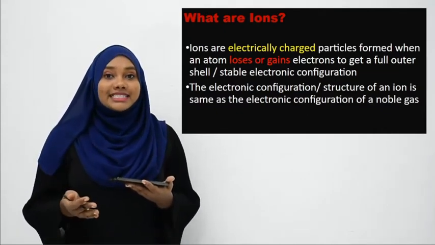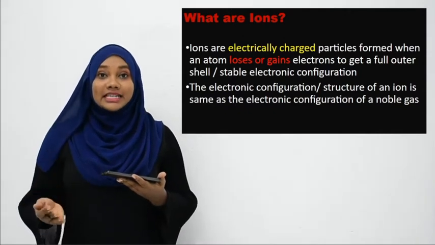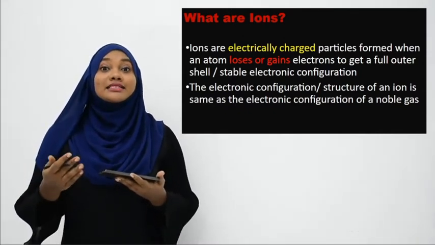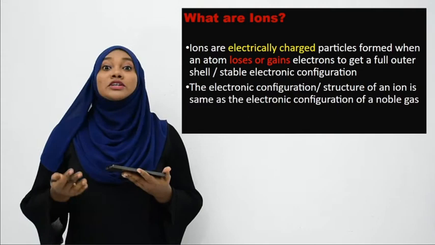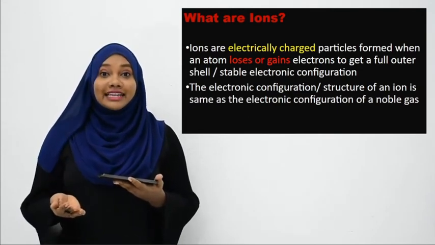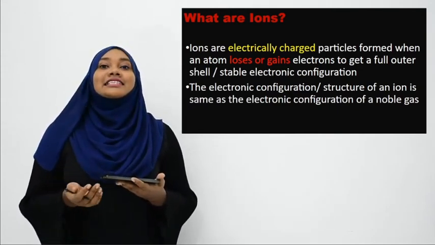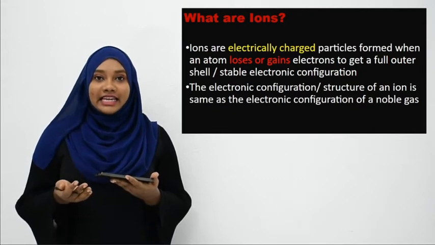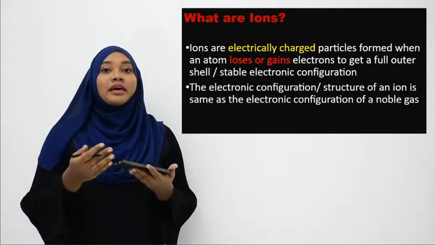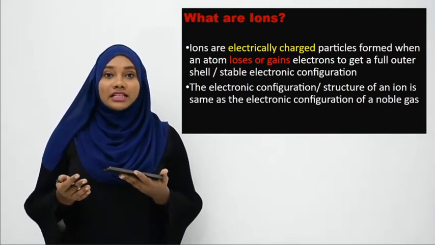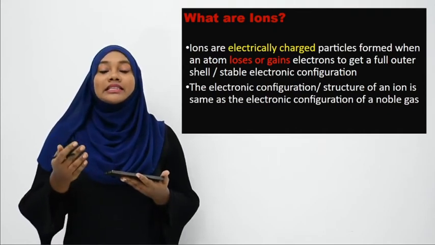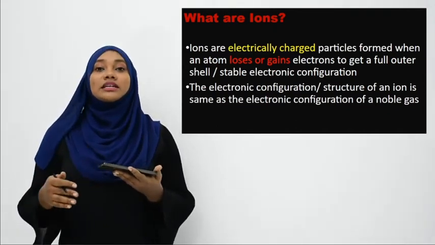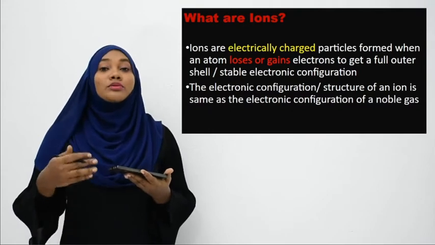You have already studied electronic configuration and stable electronic configuration as well, right? Do you know what a stable electronic configuration is? Yes, stable electronic configuration is if the atom has more than one shell, in the valence shell, in the outermost shell, it should have 8 electrons. You know what a valence shell is, right?